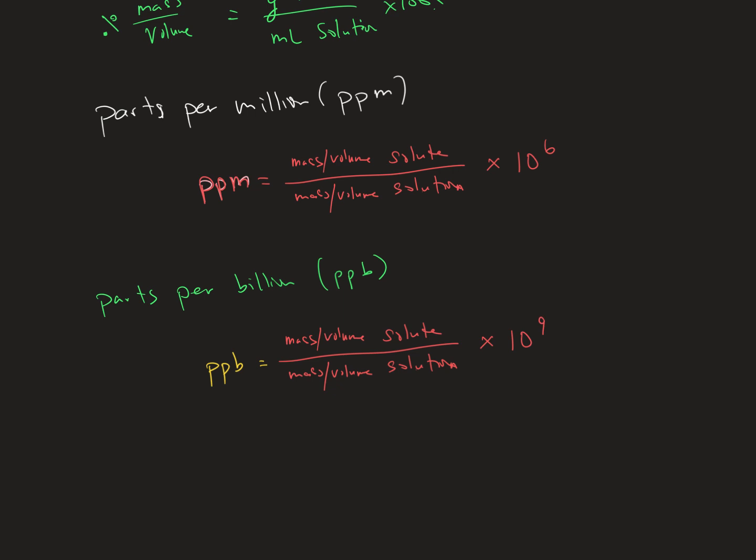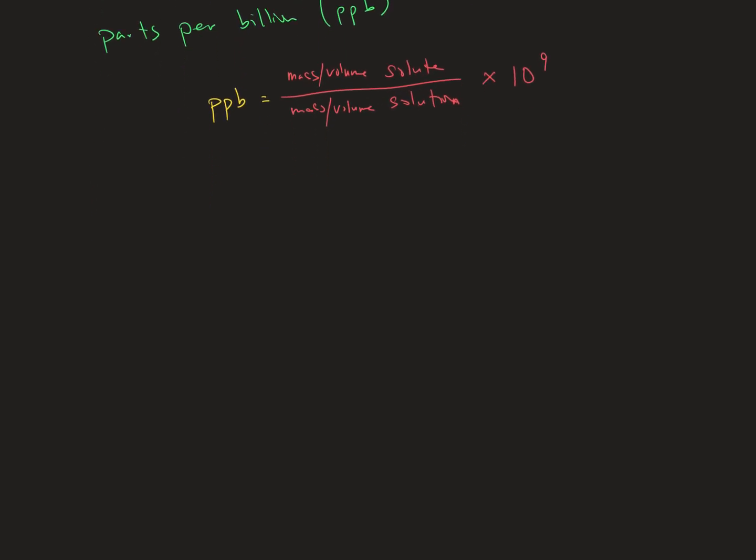So let's do an example. Are you ready for an example? Okay. Million is mega and 9 is tera. No, giga.